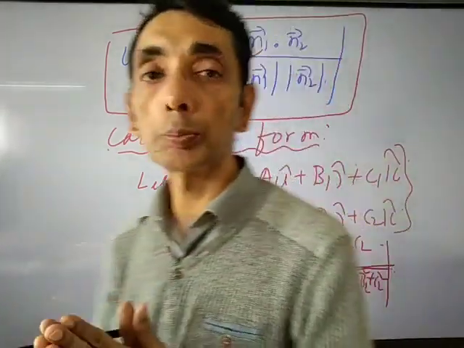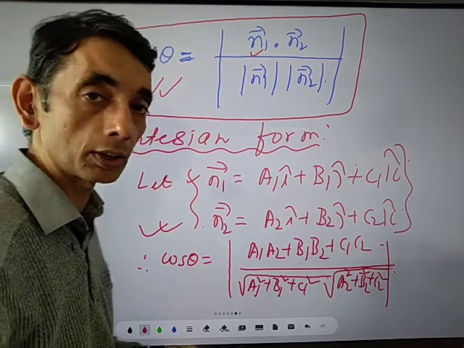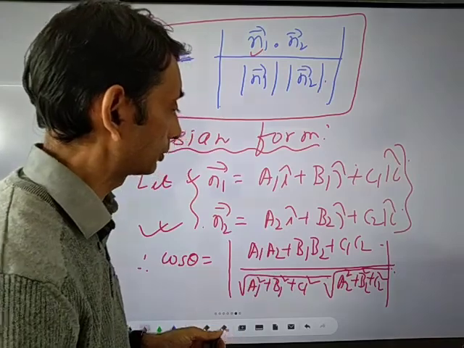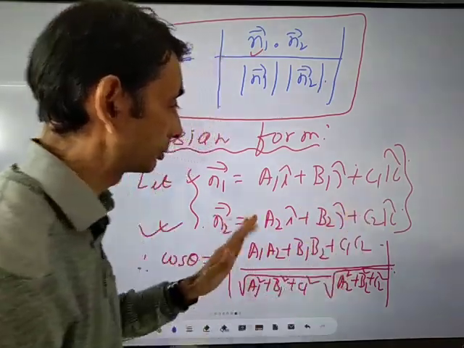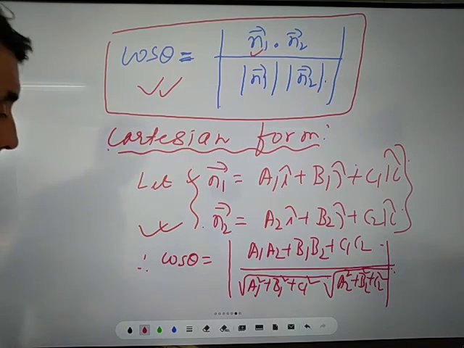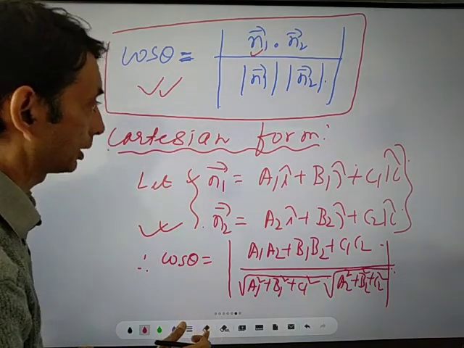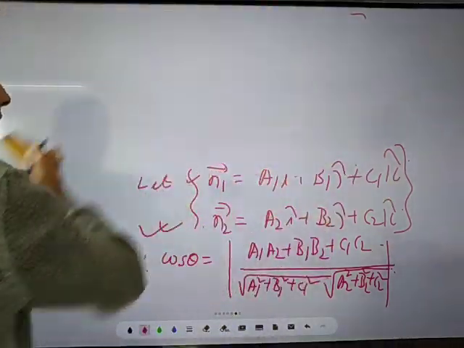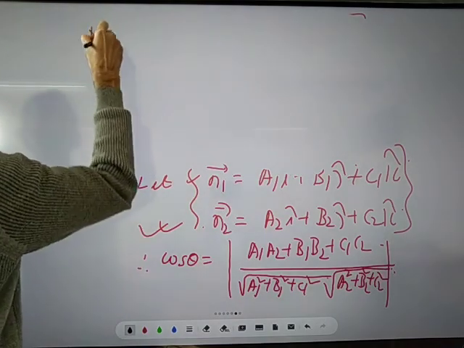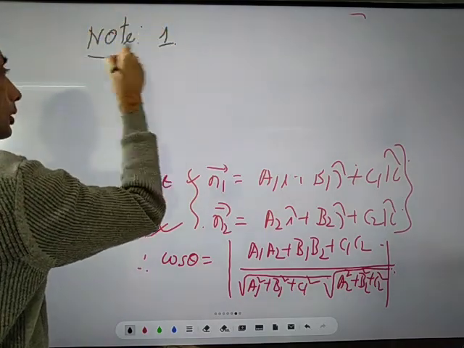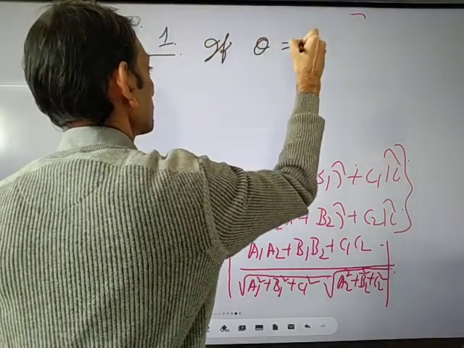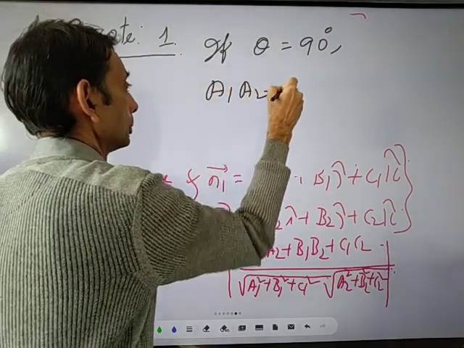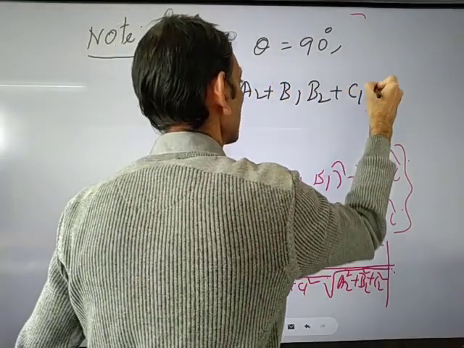Let us mark this important point as a note. Note 1: if theta is equal to 90 degrees, then a1 a2 plus b1 b2 plus c1 c2 is equal to 0.